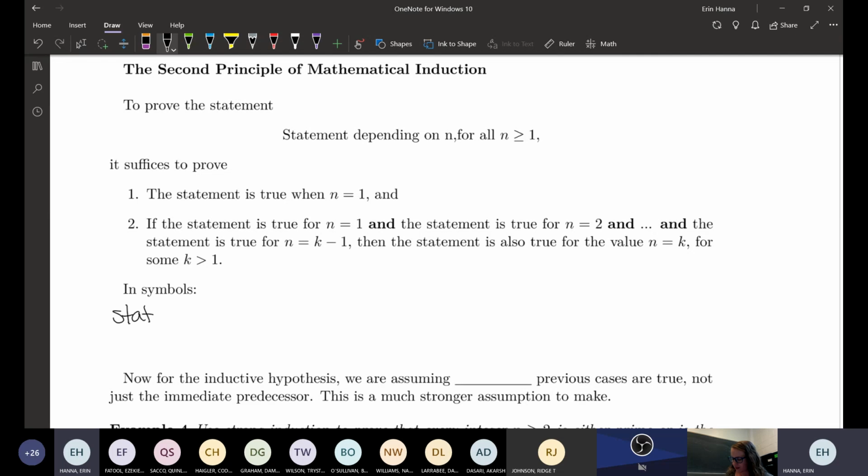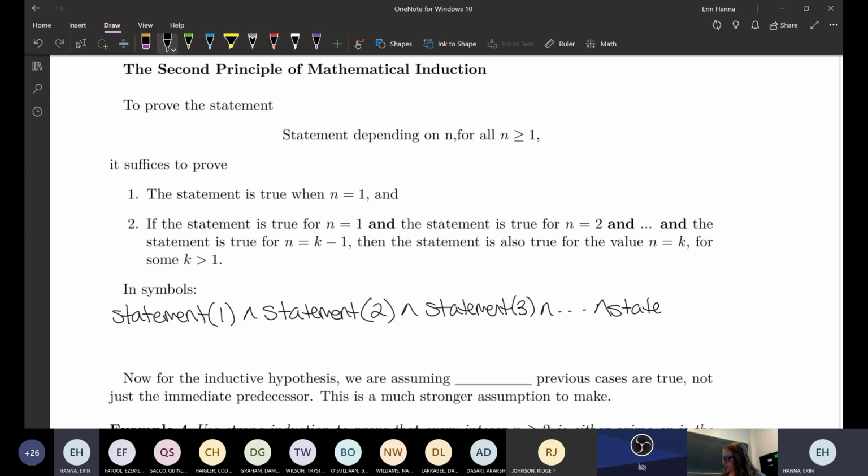So we essentially assume that statement 1 is true and statement 2 is true and statement 3, and then you keep going, and you assume that all of these are true up to statement k minus 1.